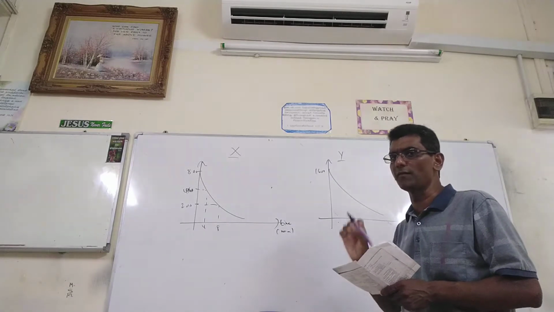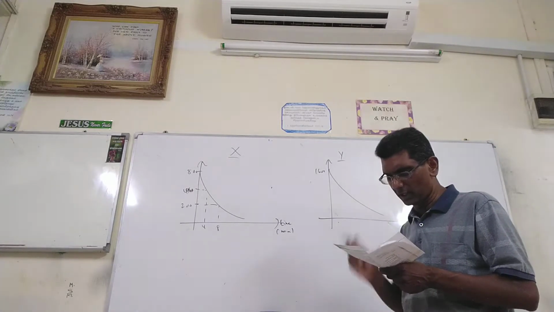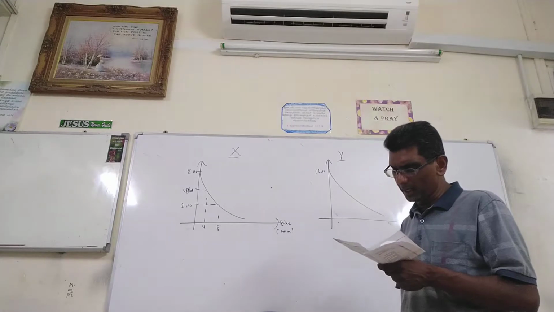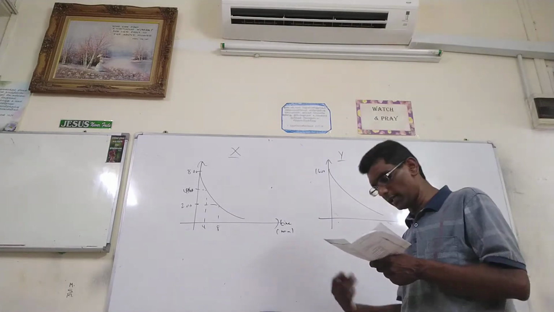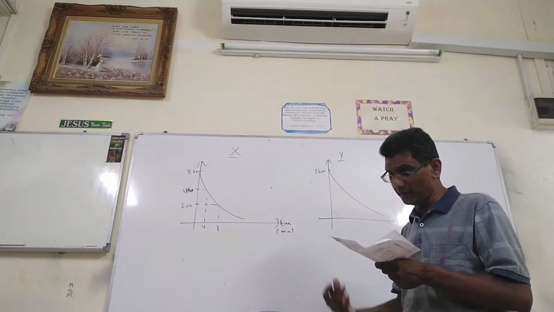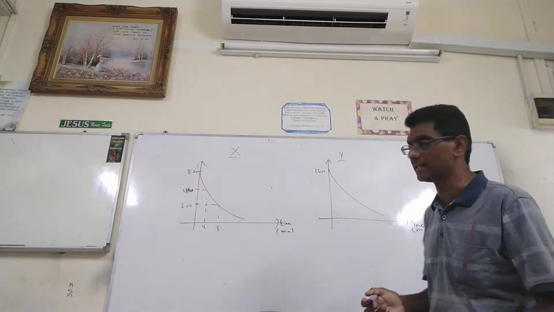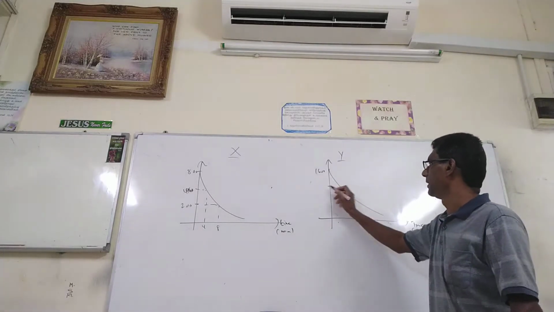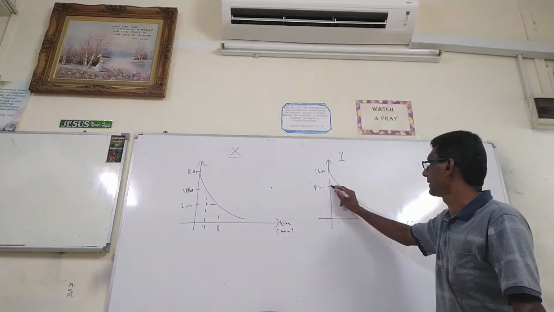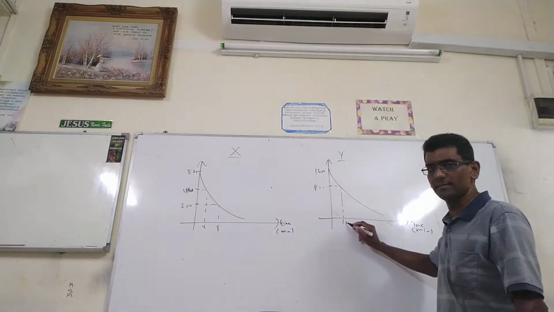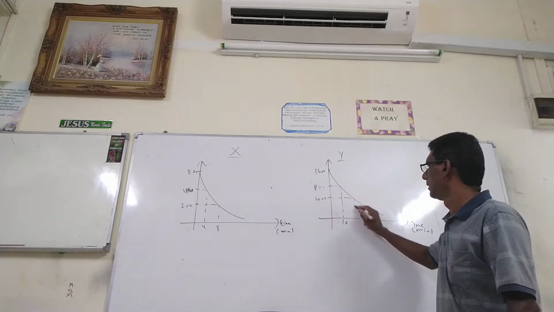That is called the half-life of Y. For example, 1600 becomes 800, and the time taken is 10 minutes. 800 becomes 400, taking 20 minutes.